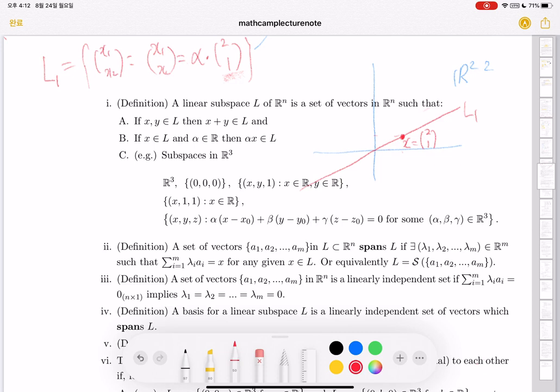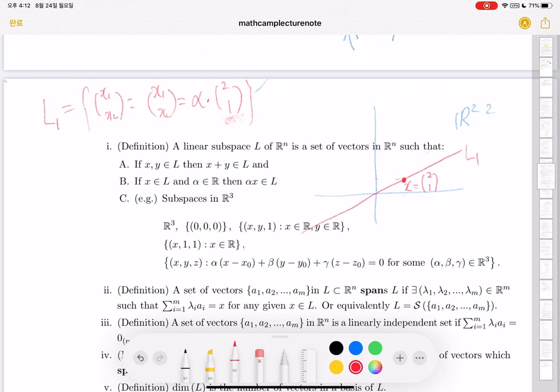This also spans L1. Now think about x and y = (4, 2).